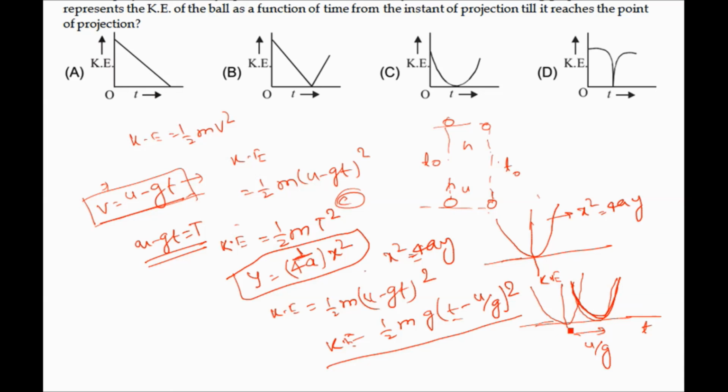If the RHS is of the form t plus u by g, then the graph will instead be shifted to the left hand side. So if any term is added, the graph shifts to the left, and if any term is subtracted, the graph shifts to the right. So the answer will be C for this problem.